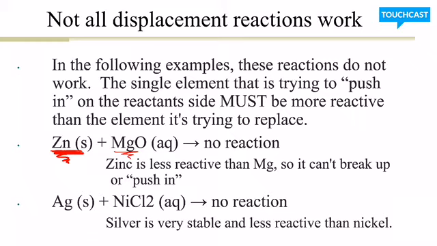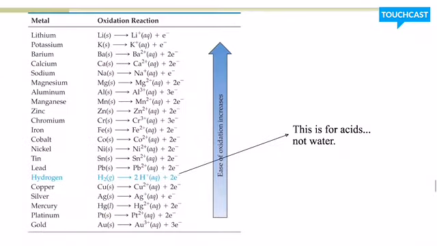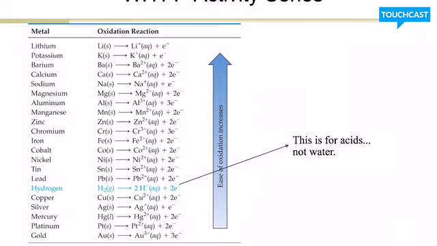But if you look back, zinc is not higher in reactivity than magnesium. Zinc is located here. Magnesium, careful, it's not manganese, magnesium is much higher. So if you want the reaction to work, you need the lone element to be higher in reactivity.